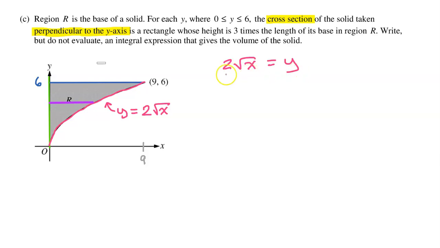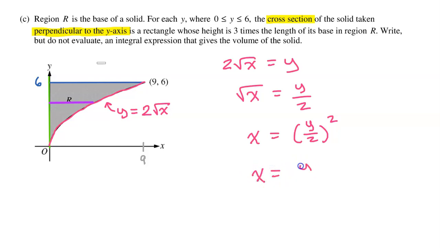We need to divide both sides by 2, so that gives us the square root of x is equal to y divided by 2. And then we can get rid of the radical by squaring both sides. So that will give us x is equal to y over 2 squared, which we can better write as y squared over 4.